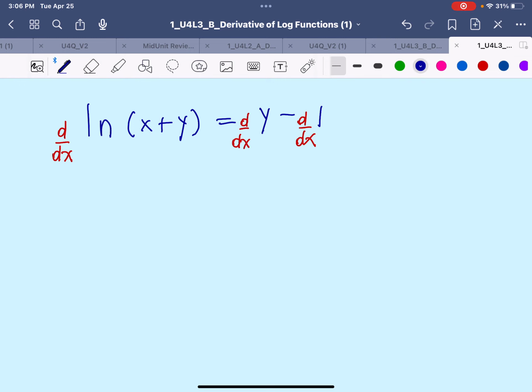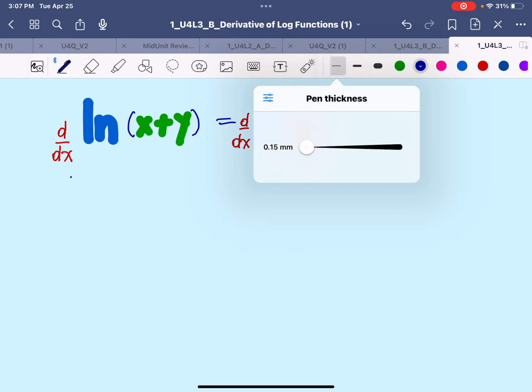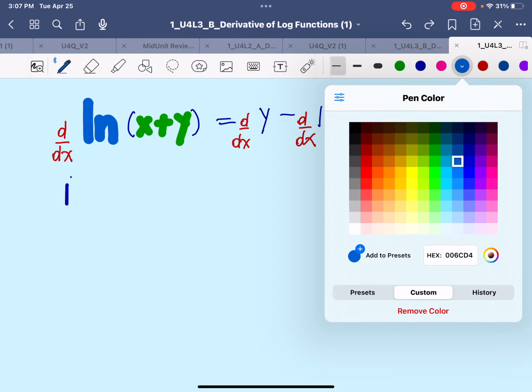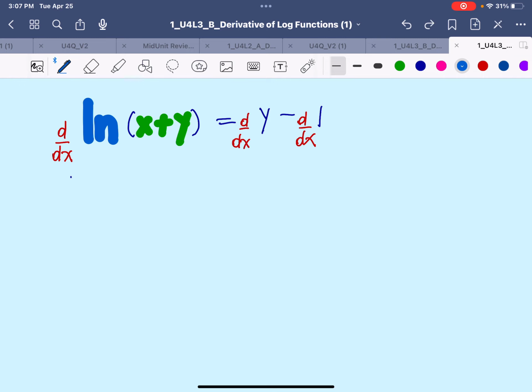So the derivative of ln of x plus y, we have an outside function here. So the outside function is the ln. The inside function is the x plus y. So we're going to go slow here, one step at a time. So the derivative of ln would be 1 over x plus y times the derivative of x plus y.